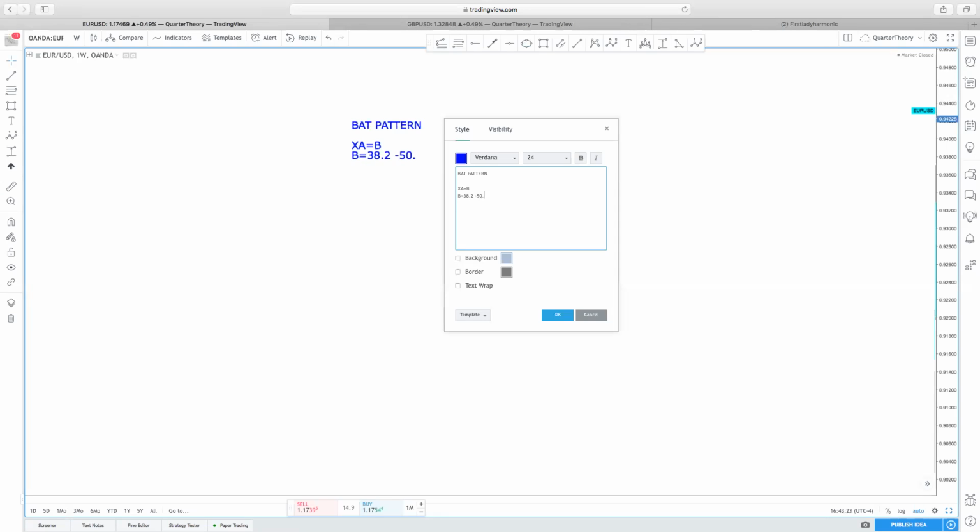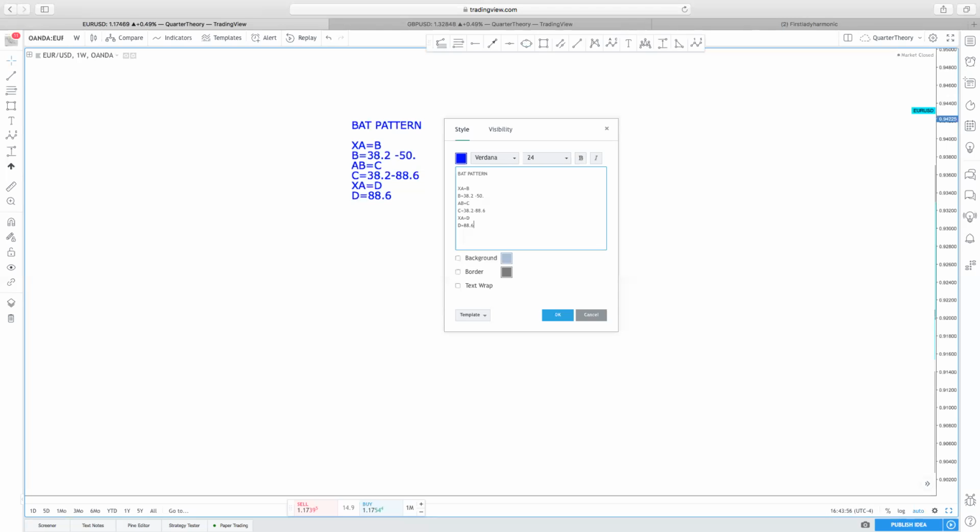And then you'll have your AB. AB will equal your C leg. Your C leg can be anything from a 38.2 to an 88.6. Correct? Now, if you want to get the D leg, your XA extension will give you your D leg. Your D leg equals an 88.6.